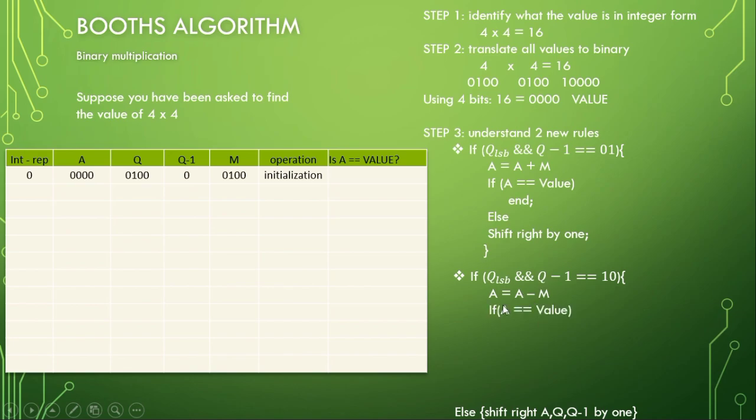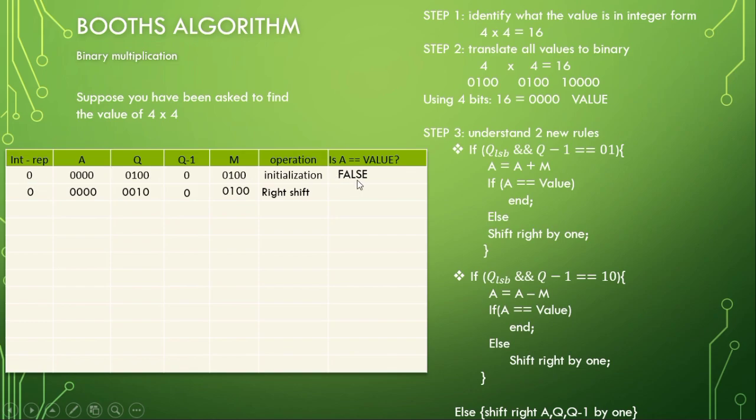And if A is equal to the value, if this is true, then we end. Otherwise, we shift right by 1, and then we repeat the entire process over and over again. So I hope you've understood this explanation. Write this down so that you'll be able to understand what we're doing, and let's get into actually solving this equation. Okay, so now we start here, right?